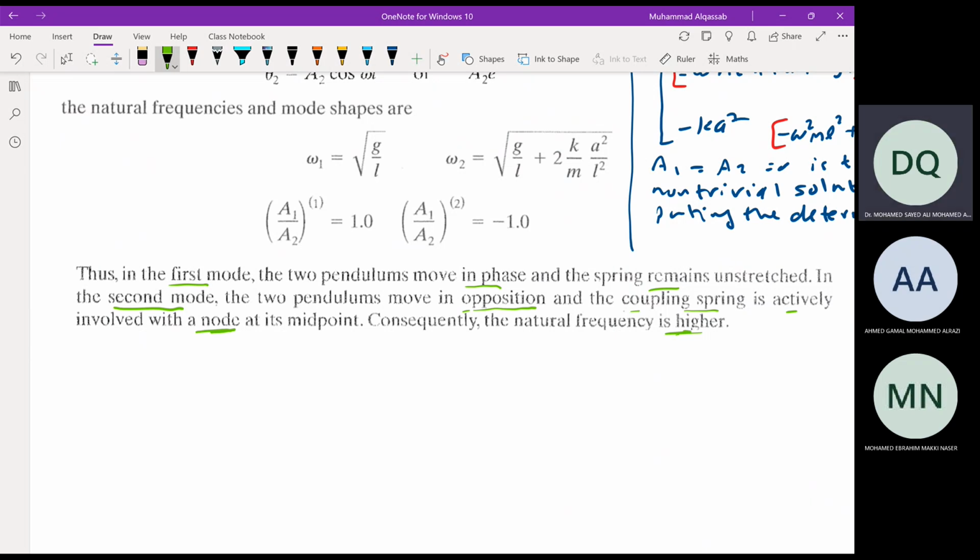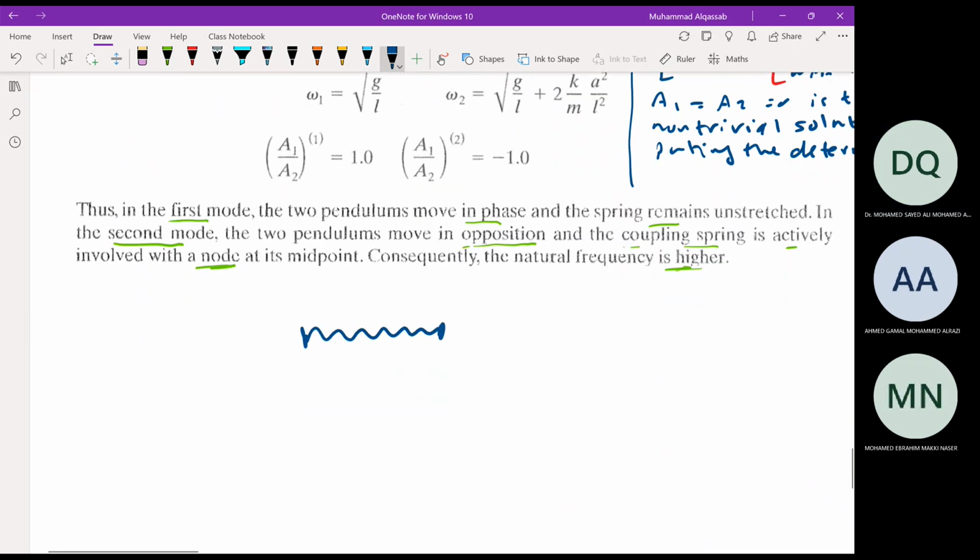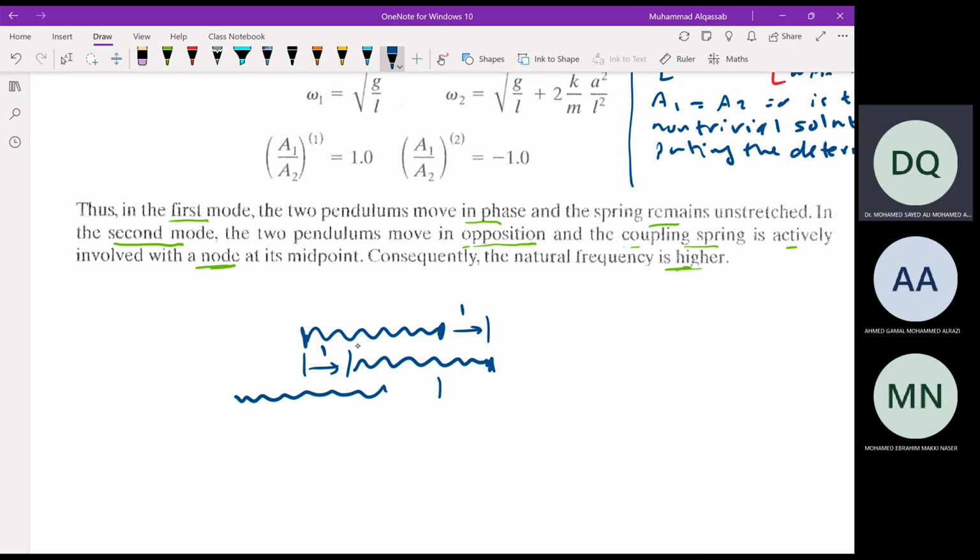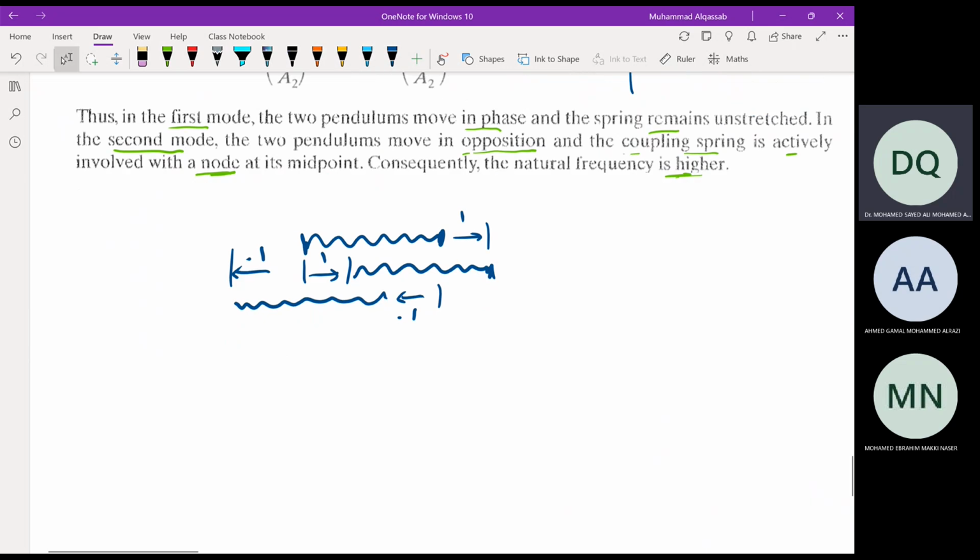So in the first mode, the spring is only translating. This value is 1, this value is also 1. Or if it is moving to the left, this value is minus 1 and this is minus 1. So there is no load on the spring.